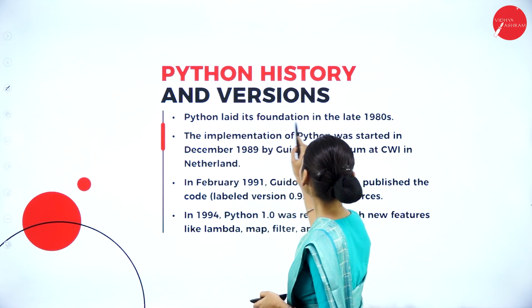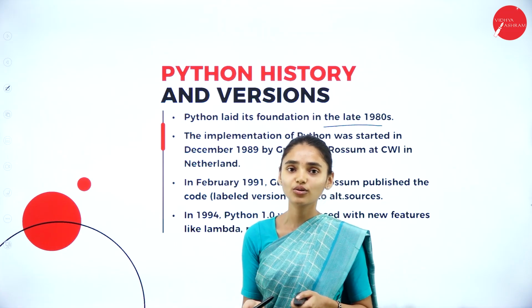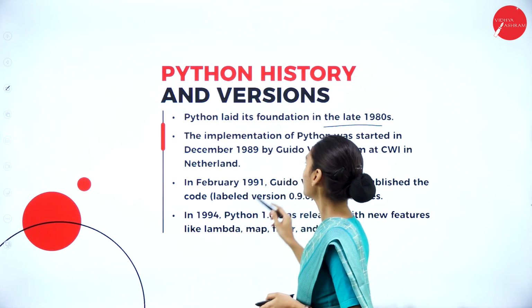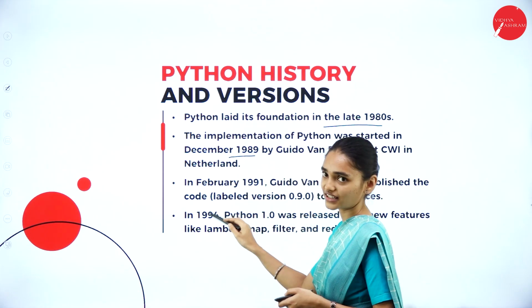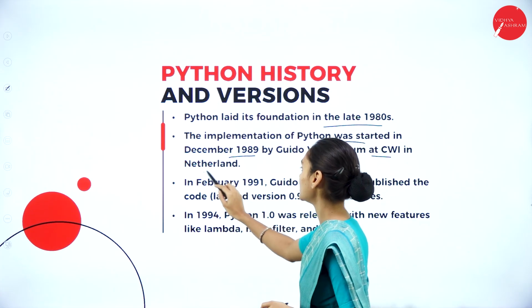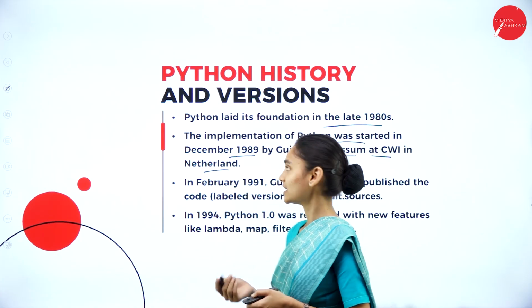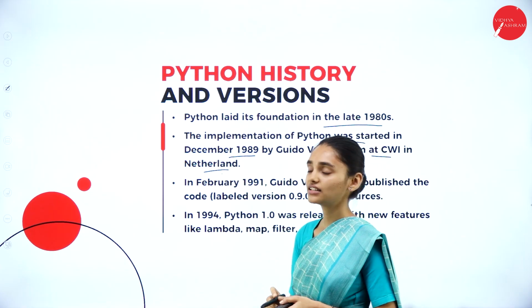Python lays its foundation in the late 1980s. He started writing code in the late 1980s. The implementation of Python was started in December 1989 by Guido van Rossum at CWI in the Netherlands.